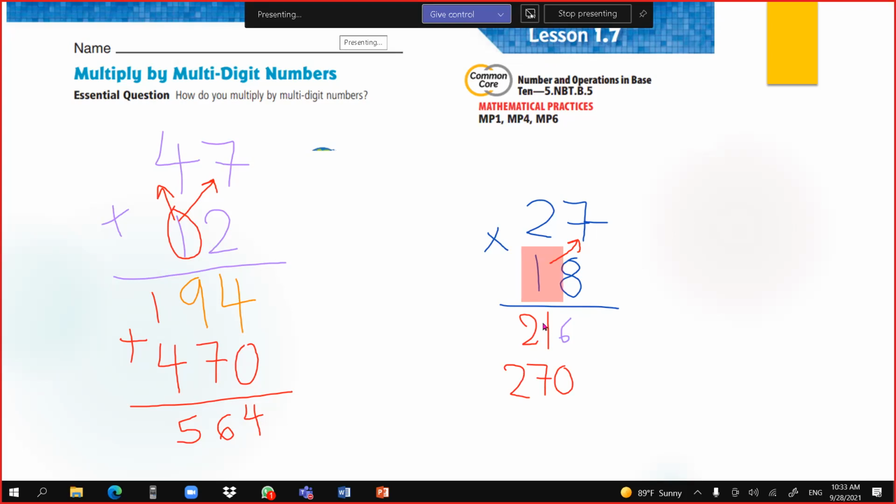Now be careful to arrange your answers, to write them under each other. That helps you to add. After that, you're going to add now. 6 plus 0 is 6. 1 plus 7 is 8. And 2 plus 2 is 4. So the final answer here is 486. Is it clear now, or more clear than the first one?